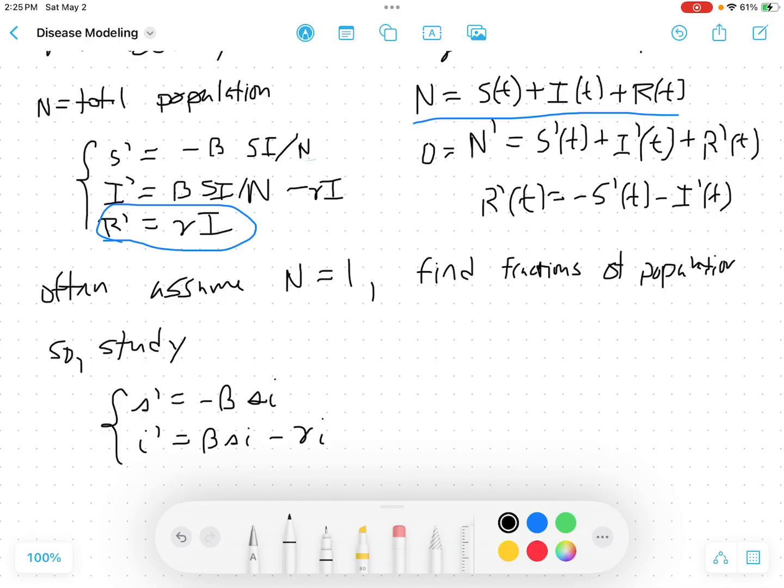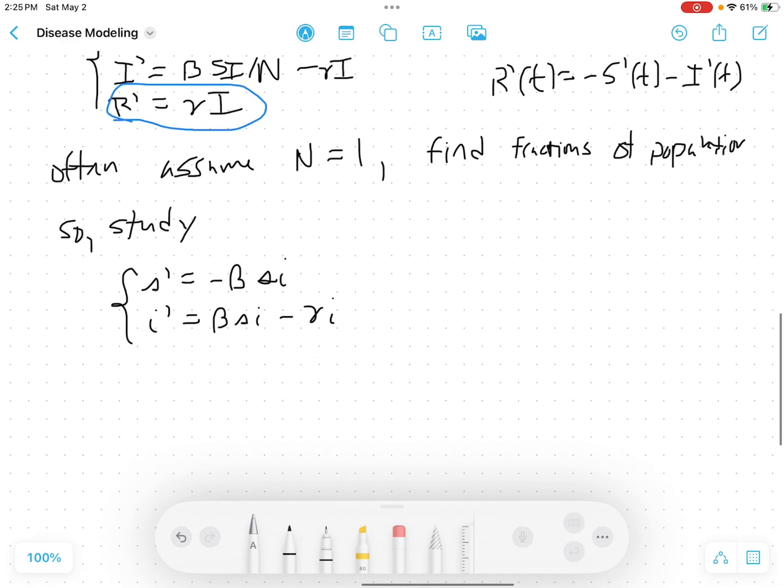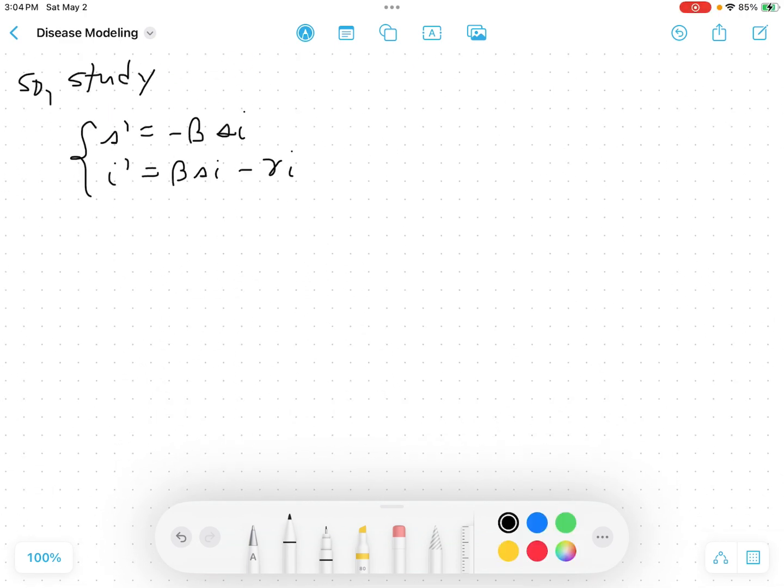So we've got this. We can do some analysis right now. So typically, if we're looking at these systems like this, we'd be interested in looking at equilibrium values. Here things are a little bit different just because, for example, if s prime is 0, that would mean that either s is 0 or I is 0.